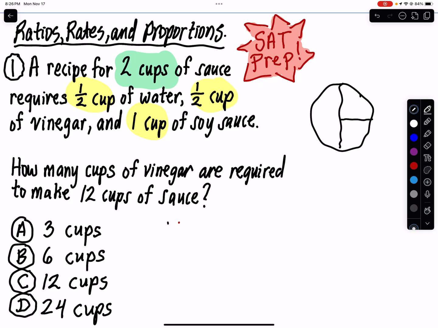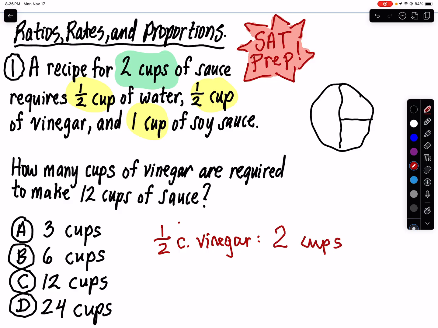They talk about vinegar. So we definitely want to reference vinegar in our ratio. And we want to know how many parts it is to the whole. So it appears that if we take half a cup of vinegar, we get 2 cups of sauce.